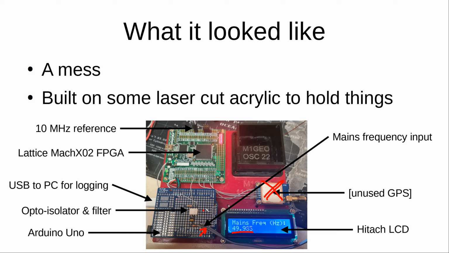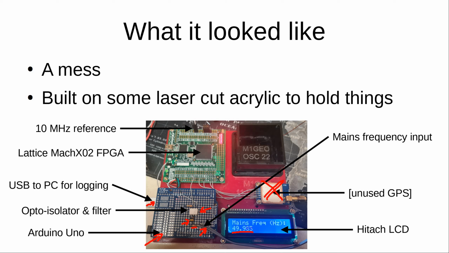There's the opto isolator and just an RC network low pass filter here with some diodes to protect the opto isolator. Underneath this board is an Arduino Uno. You can see the USB connection just here, which goes back to the PC for logging.